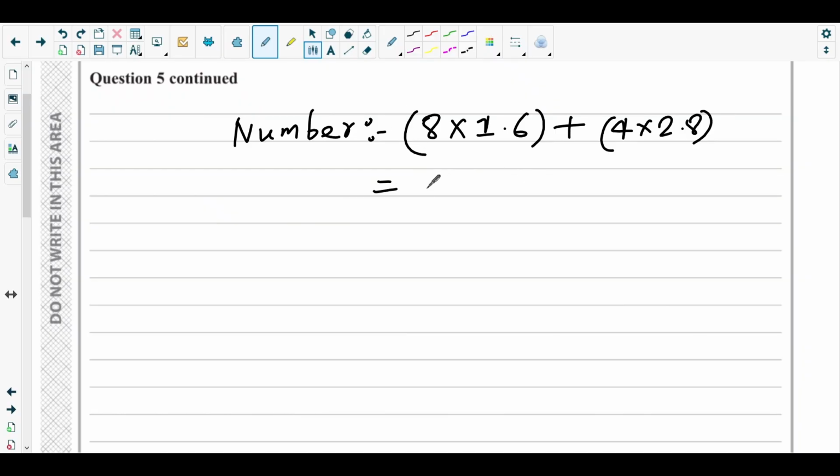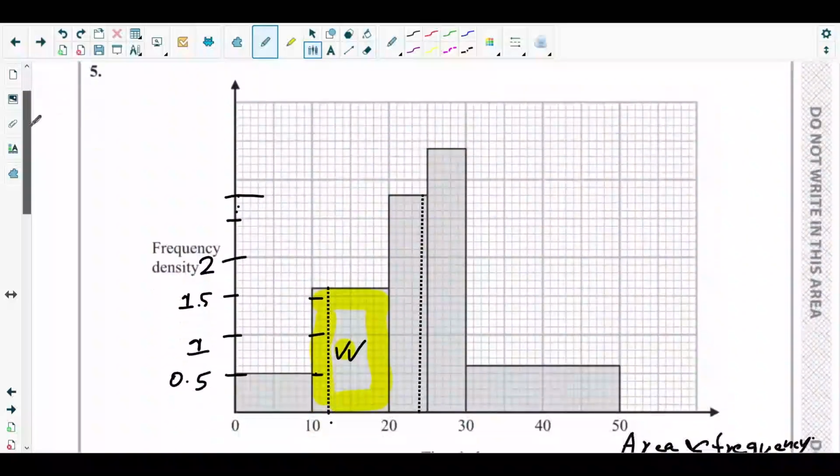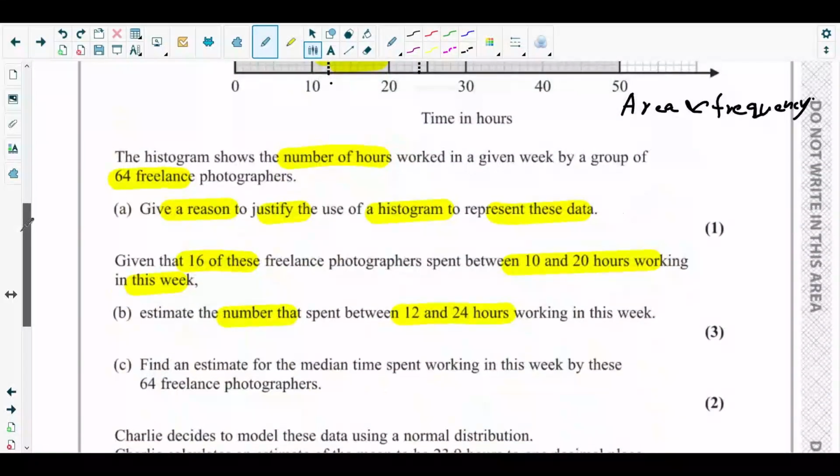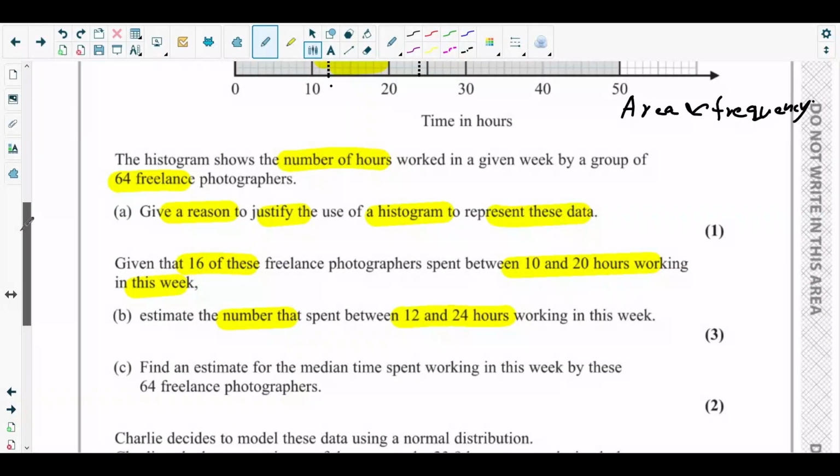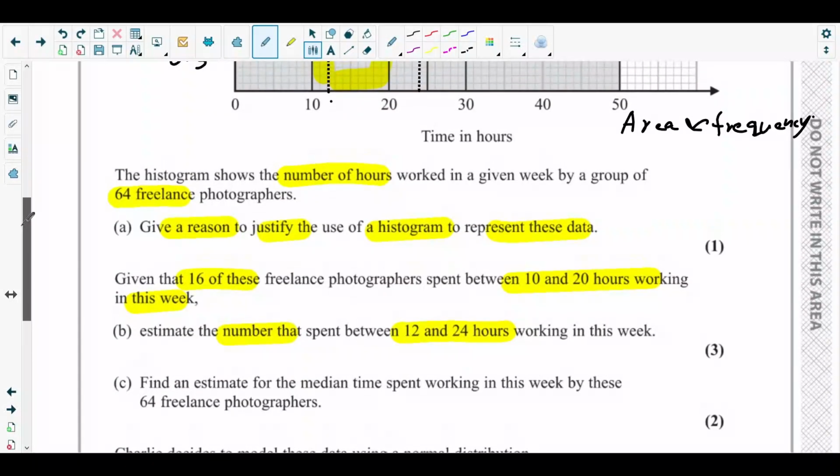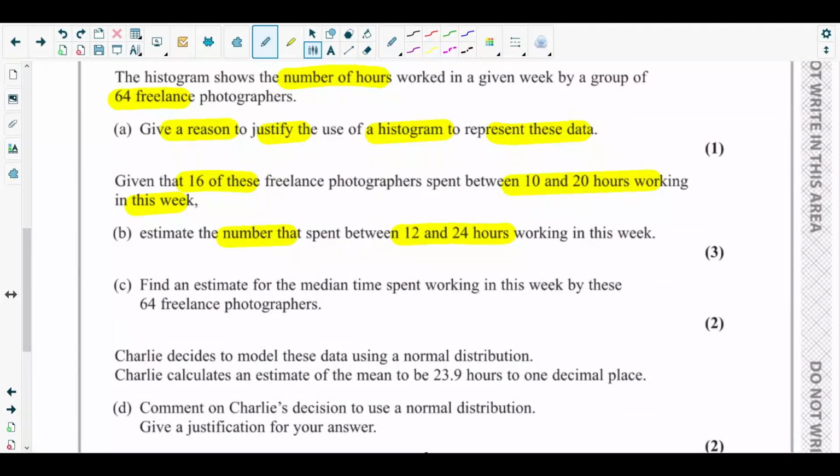That would give you exactly 24. So the estimated number of freelance photographers who spent between 12 and 24 hours working is 24. That's it.